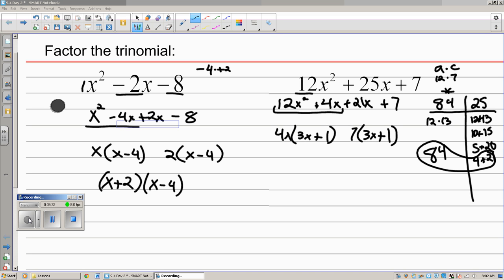So we know 4x is multiplying 3x plus 1, and 7 is multiplying 3x plus 1. We write this in factored form as 4x plus 7 times our 3x plus 1.